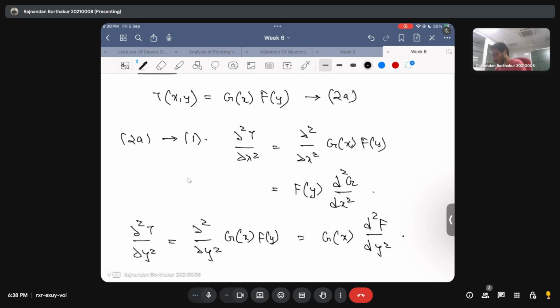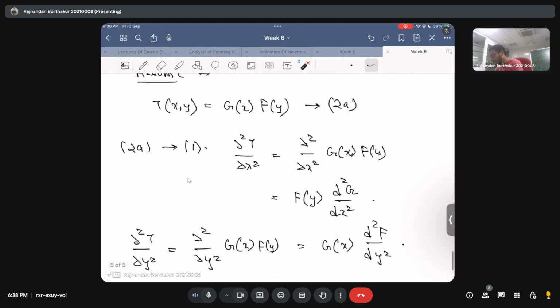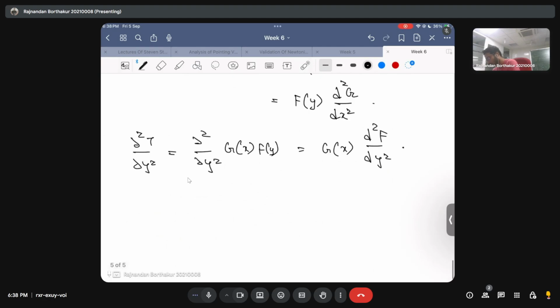all right. Then what we need to do is we just need to replace these terms in equation 1. So what do we have? The equation was del 2T by del x2 plus del 2T by del y2 equal to 0, and we are replacing del 2T by del x2 and del 2T by del y2 by invoking the form that we considered.